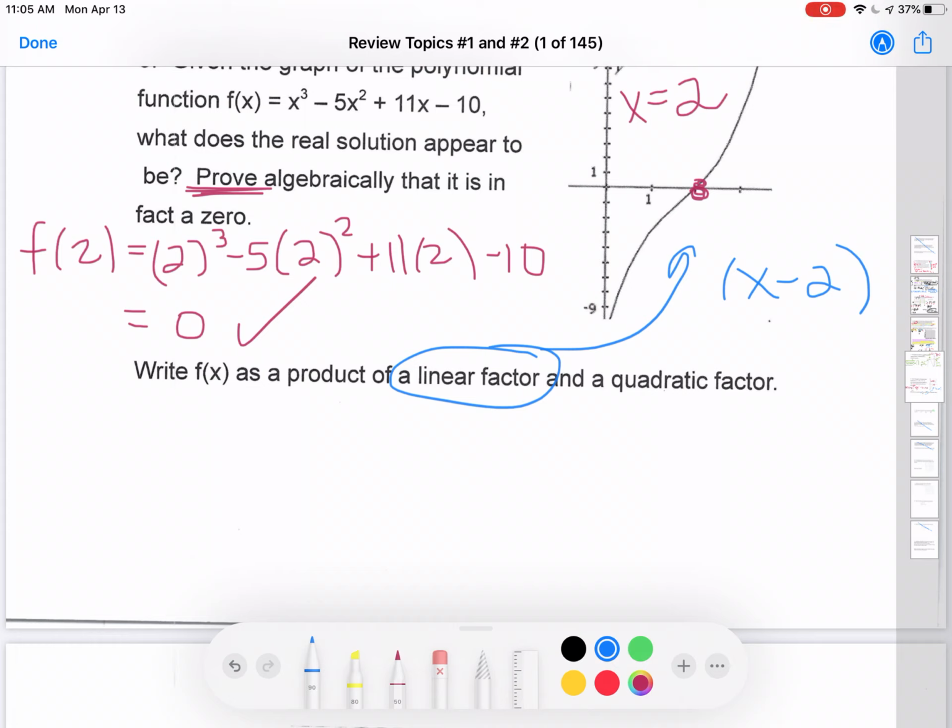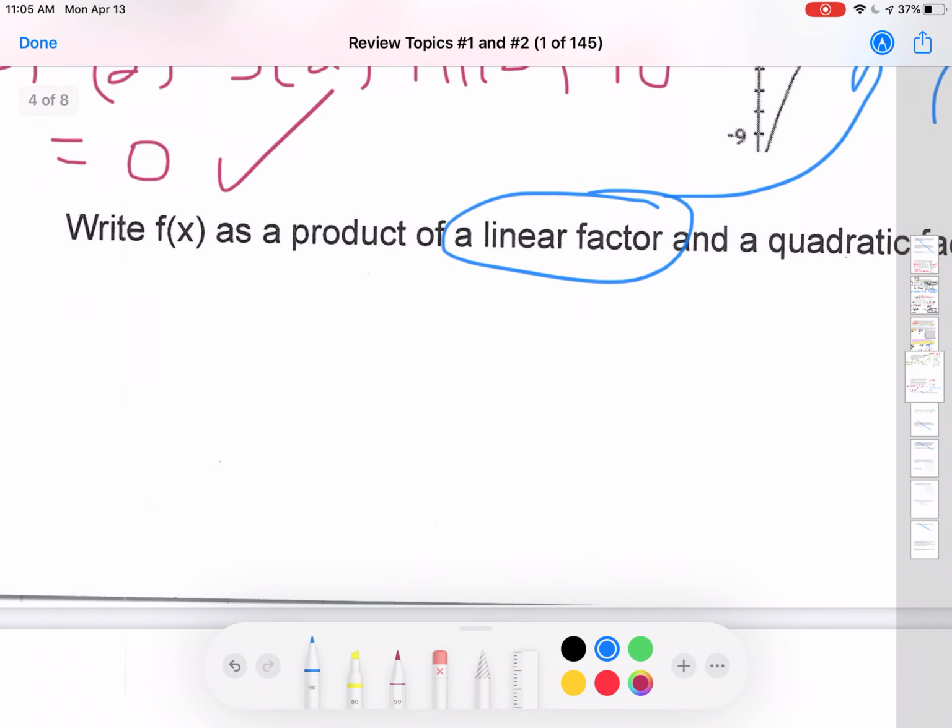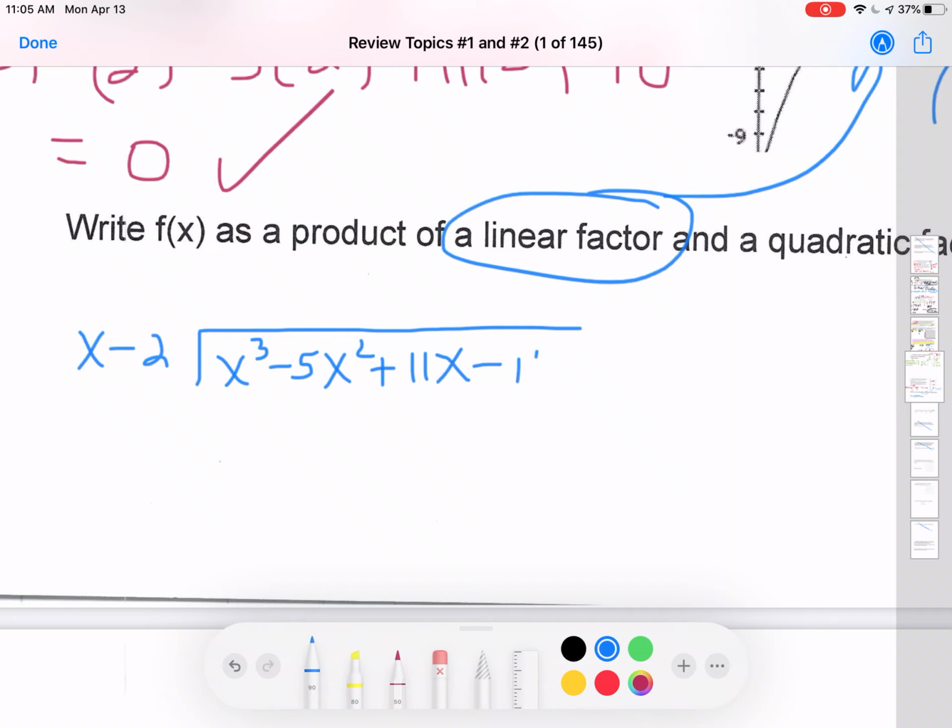So we can just do a little long division. I'll do x minus 2 divided into, now make sure there are no placeholders needed, but I don't think we have any, x cubed minus 5x squared plus 11x minus 10. So remember, what am I going to put right here?